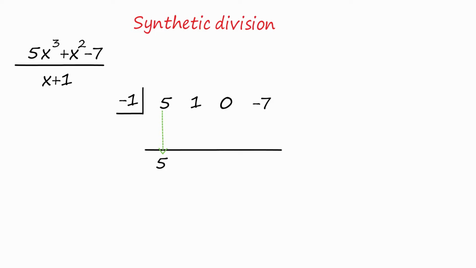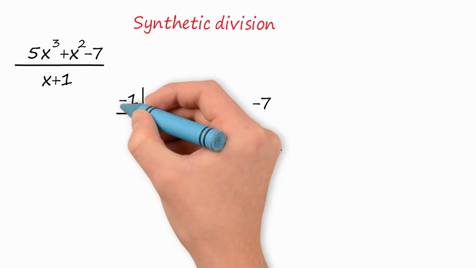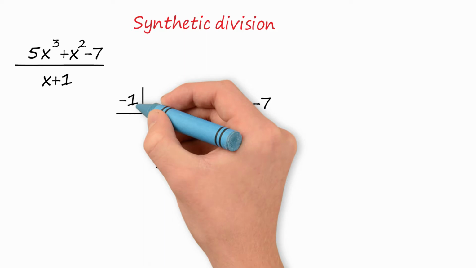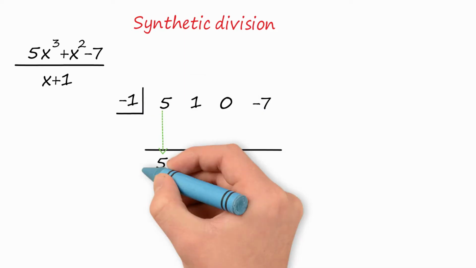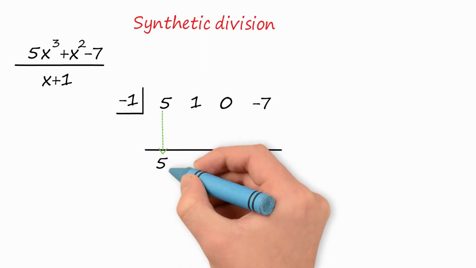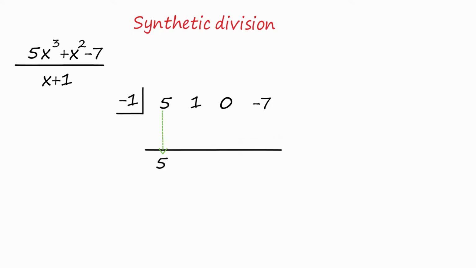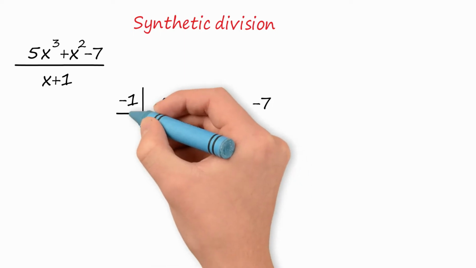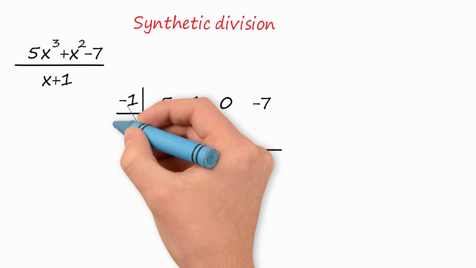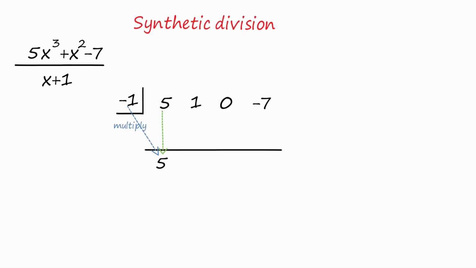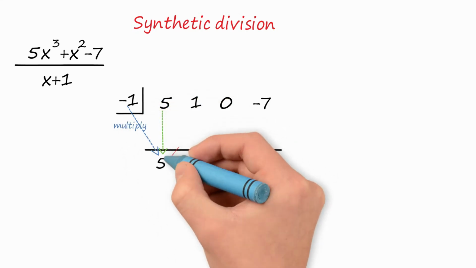Our next step, we want to multiply this negative 1 by the 5, and then we want to place it in the second column below the 1. Negative 1 times 5 is negative 5. We place a negative 5 in the second column.